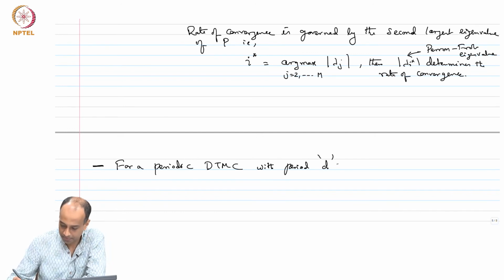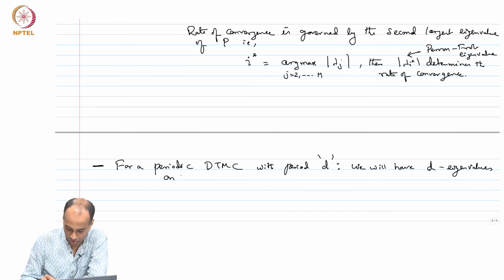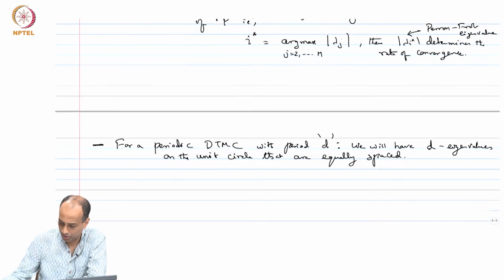In this case, we will have d eigenvalues on the unit circle in the complex plane that are equally spaced. Okay, this I am not going to prove.